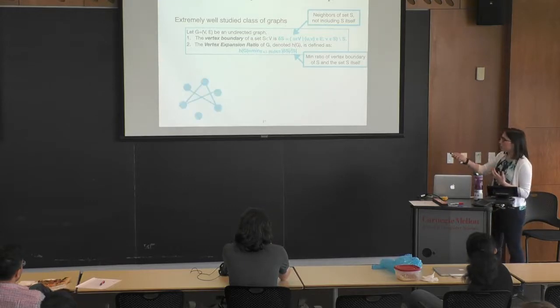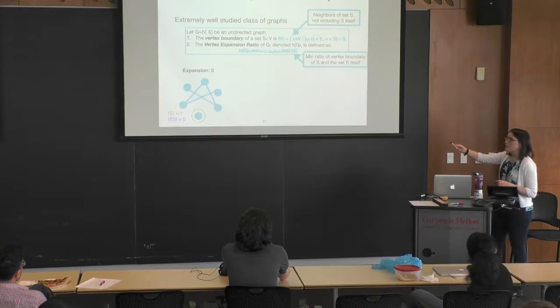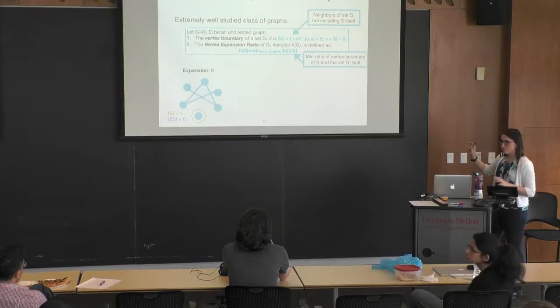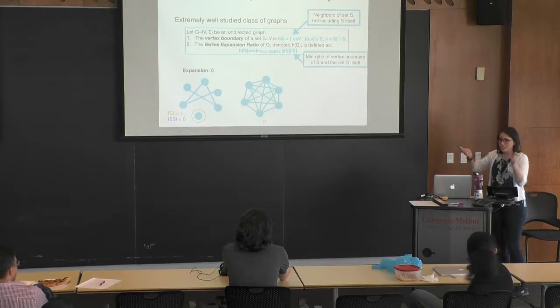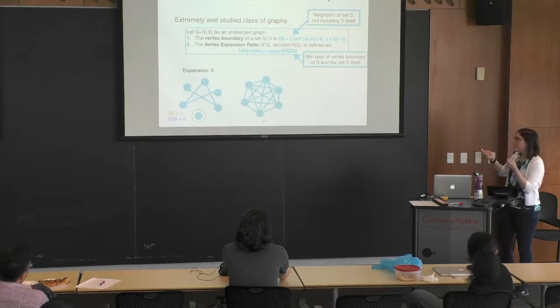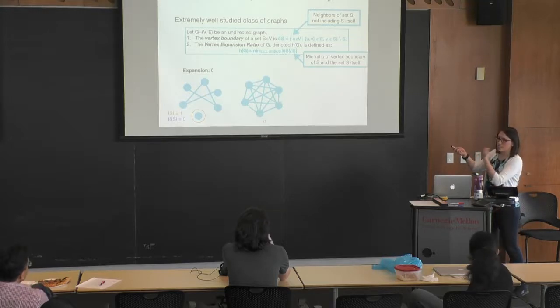And so we can run through a few examples just to understand what expansion means. In this graph, the set that has minimum neighbors is that one. It has 0 neighbors. So the size of the set is 1, the size of its boundary is 0, and so the expansion is 0. Now, in a fully connected graph, everybody has neighbors, and so the set that minimizes the vertex expansion is the biggest set that is smaller than half.